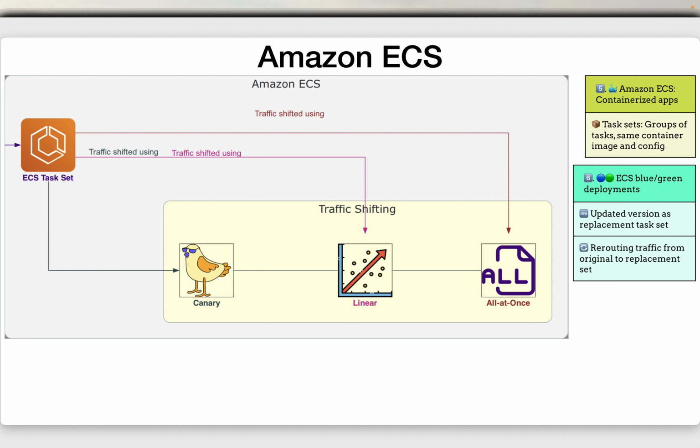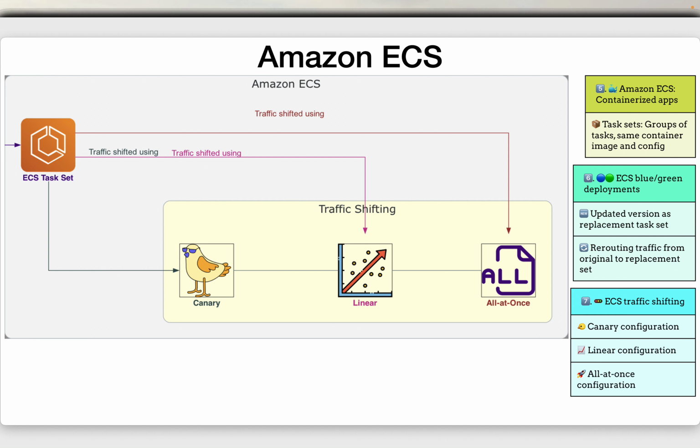CodeDeploy performs blue-green deployment for ECS by installing an updated version of the application as a new replacement task set, rerouting production traffic from the original task set to the replacement task set. Similar to Lambda deployments, you can manage how traffic is shifted to the updated ECS task set during a deployment by choosing either a canary, which is a small percentage, linear, which is gradual, or all at once configuration.